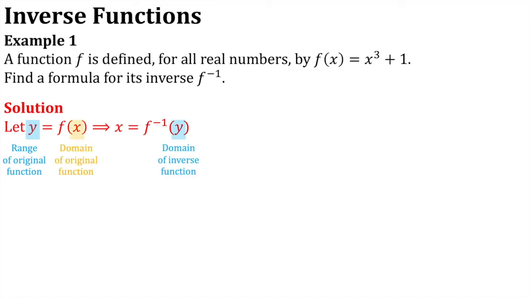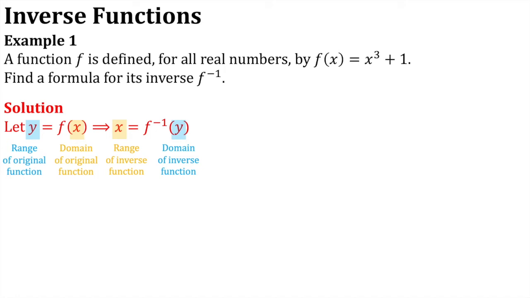And likewise, x is the domain of the original function, but the range of the inverse function. So on the previous slide I talked about the domain and range and the effects that the original and the inverse function have on the domain and range. So you can see it here and coloured it for you so that it makes it more obvious.